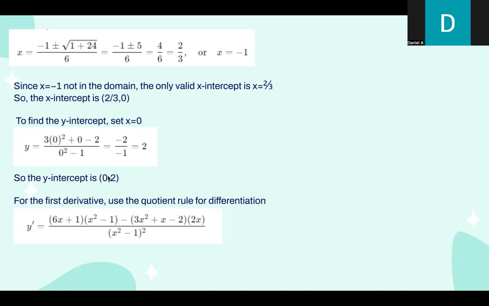Now, to find critical points and inflection points, we look for the first derivative.